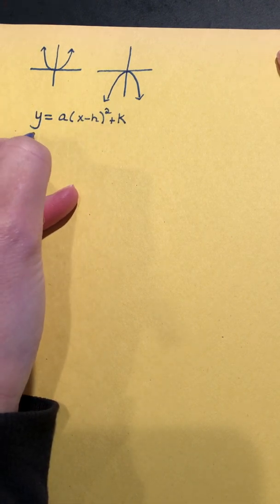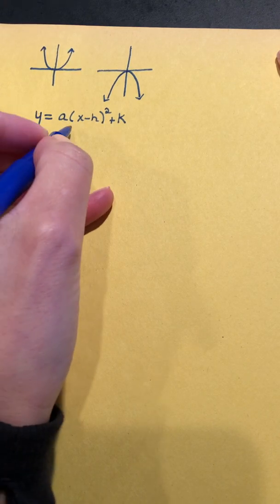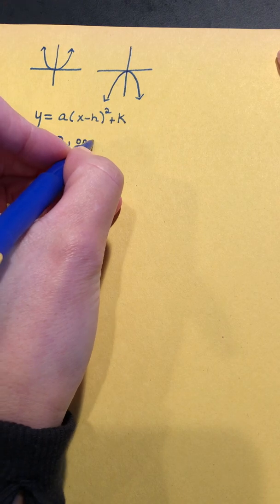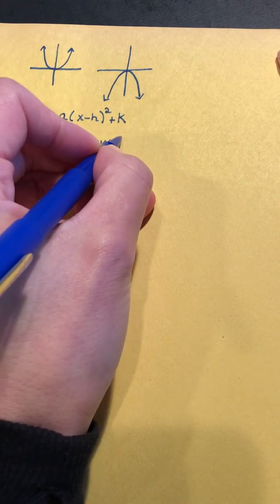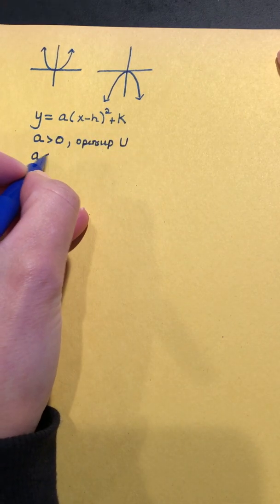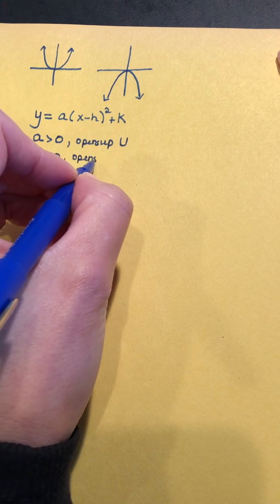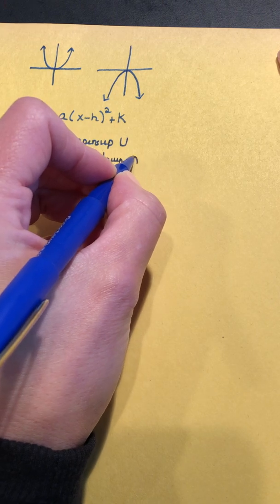Now, if a is greater than 0, you know the parabola opens up. And if a is less than 0, you know the parabola opens down. And that's old news, you guys know that.